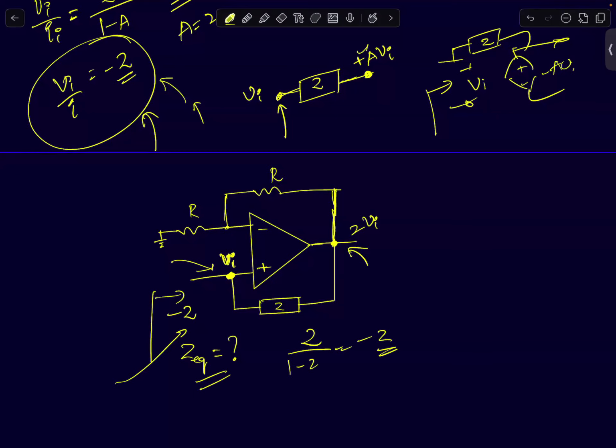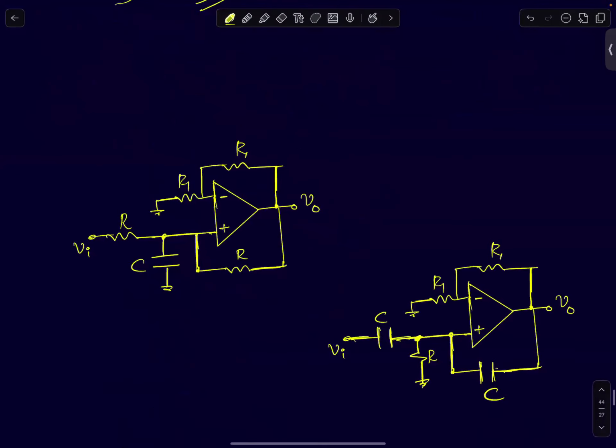Once I've realized a negative resistance, what did we discuss so far? Start with an RC circuit like this and put an op amp with a resistance in the feedback path. We just analyzed this circuit. The impedance seen at this node will be minus R. If you find the transfer function, let's call this node voltage VO1.